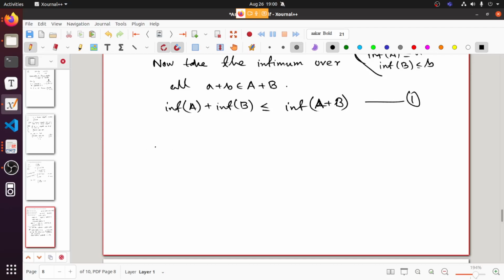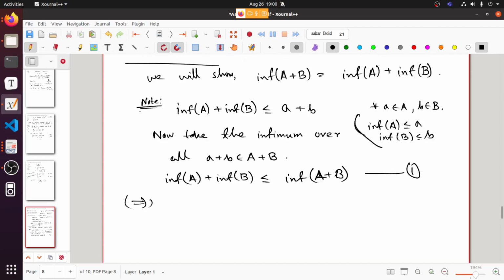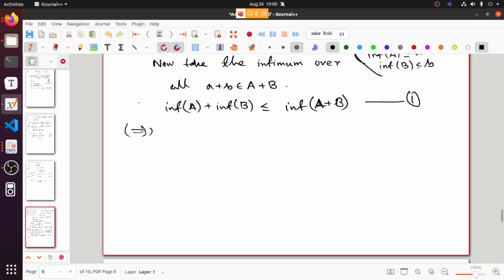First of all, infimum of this set A plus B is always less than a plus b, right? As a plus b belongs to A plus B, infimum is always the smallest, so this is true.